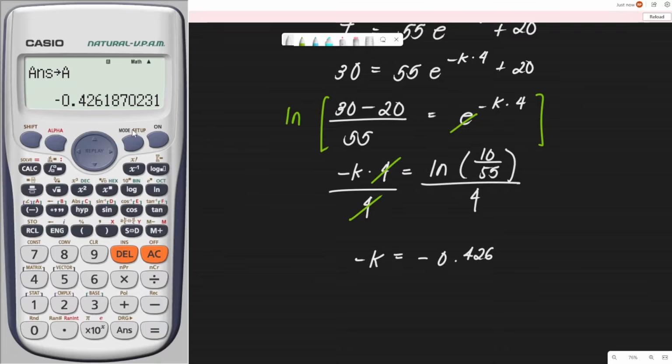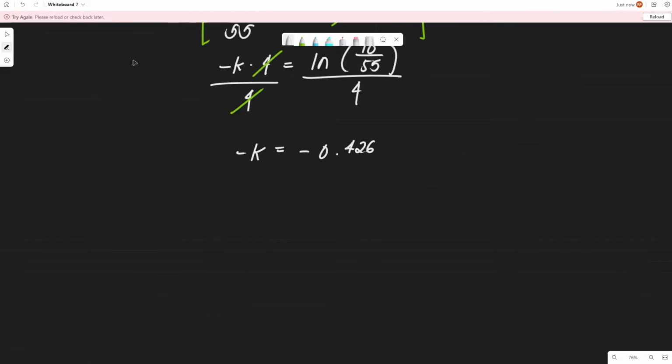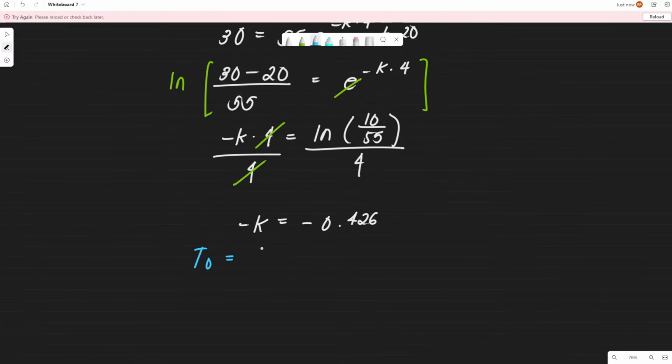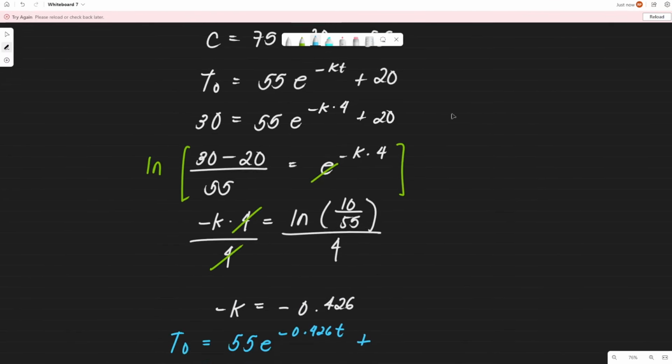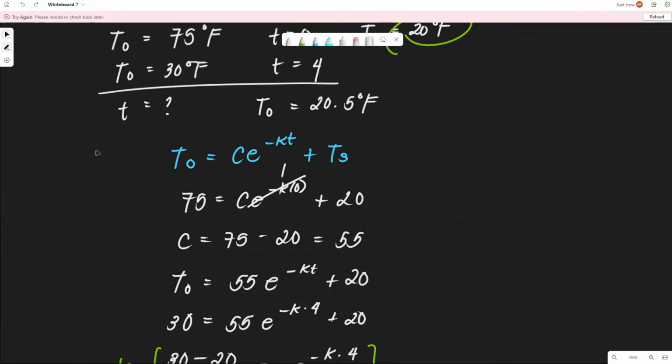Putting the calculator down for now, our working formula is T equals 55 e raised to negative 0.426t plus 20. What are we asked? It's the time, not the temperature.